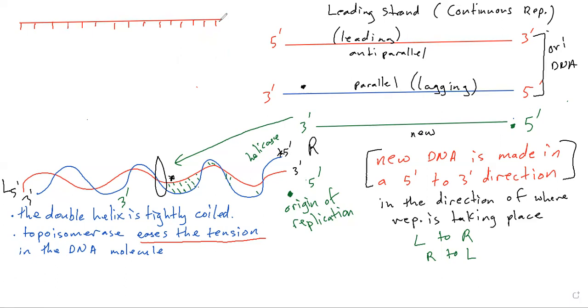So an RNA primer is going to be added. After helicase unwinds a portion of the DNA, the enzyme primase is going to make an RNA primer at the end of the molecule. So this is your RNA primer.